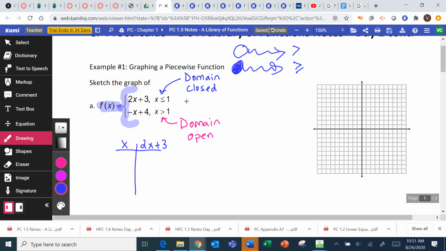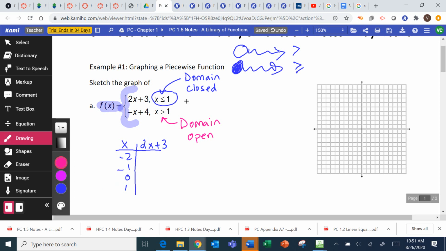What does this domain tell me? Caleb, what x's am I allowed to use according to that? Could you give me a couple? Sure, sure. And it's a line, so I really don't need that many values.